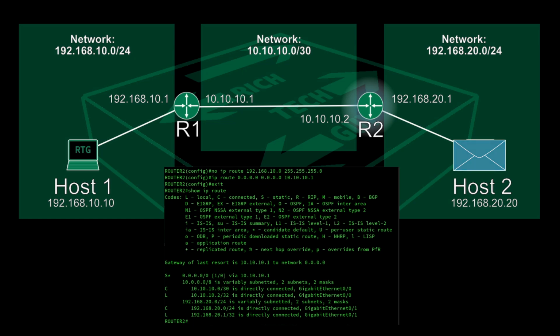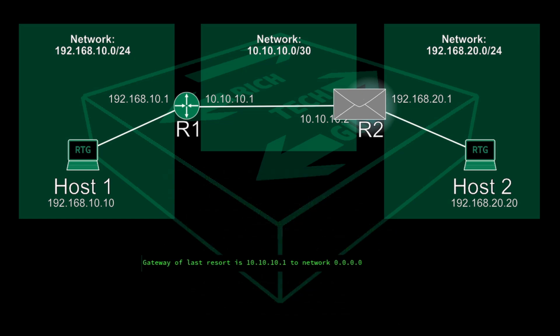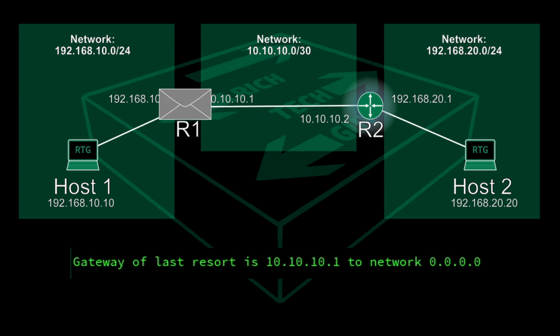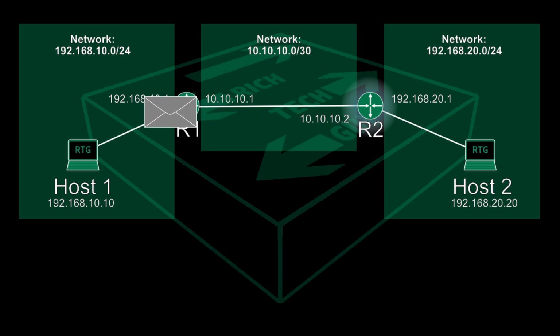Host 2 then replies to the ping by sending the ICMP reply packet to its default gateway, router 2. Router 2 doesn't know where the host 1 network is, and so it will send the packet onto its default gateway, router 1. Router 1 knows the host 1 network and forwards the reply packet to host 1.